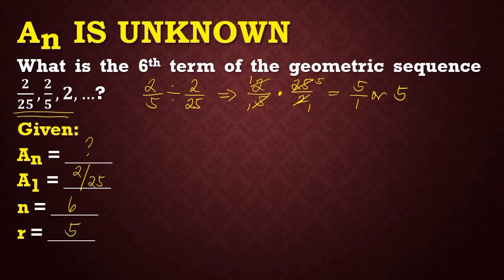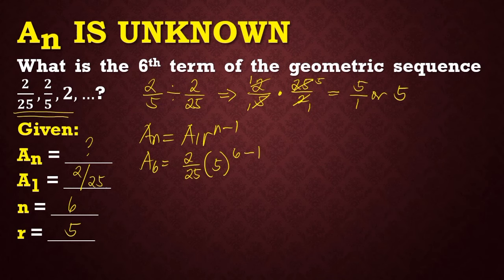So we can now apply the formula. So a sub n is equal to a sub 1 r raised to n minus 1. And then a sub 6 is equal to the first term, that is 2 over 25. Our common ratio is 5. And then n is 6 minus 1.